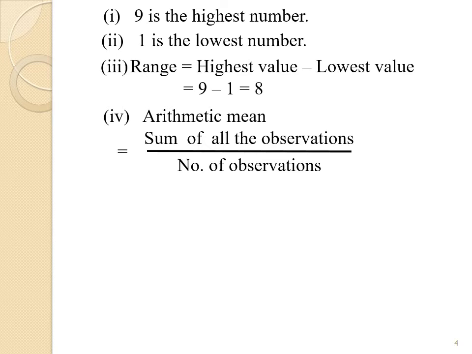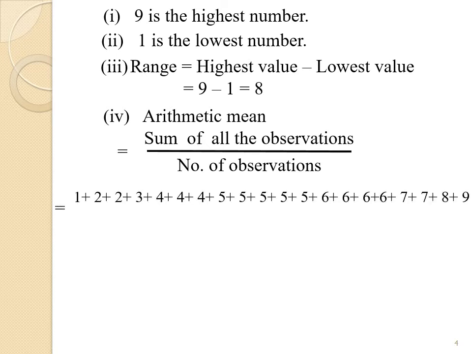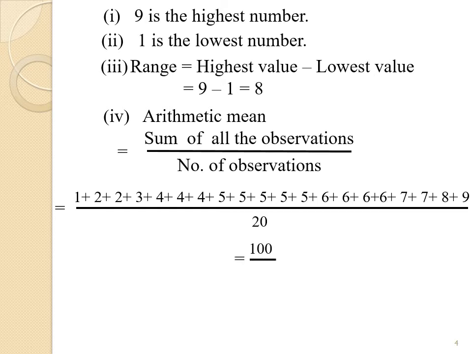Thus, finding the sum of all the observations and dividing it by the number of observations, we get 100 upon 20. Now, dividing 100 by 20, we get 5. Thus, mean is equal to 5.